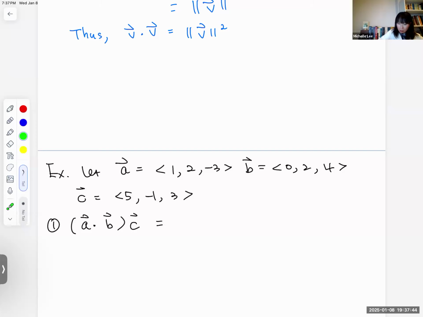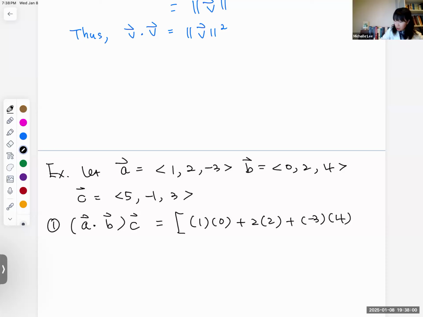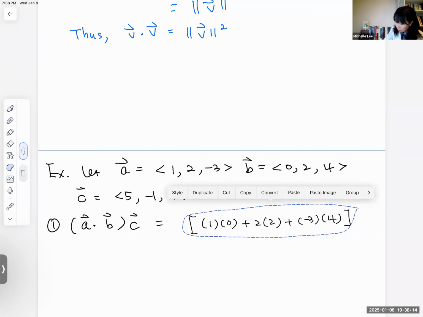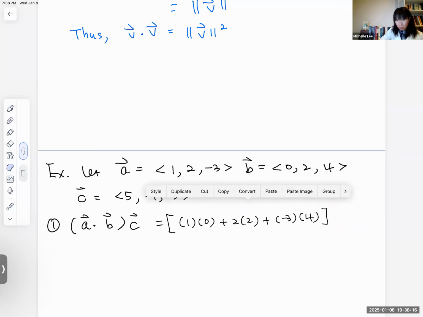So dot product, we multiply, right? So 1 times 0 plus 2 times 2 plus -3 times 4. Then c. Let me rewrite c. So that's not the dot product, right?